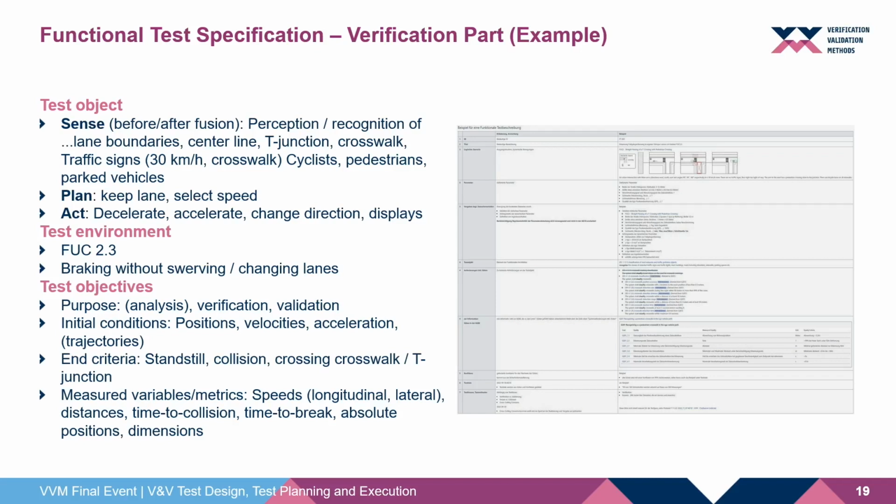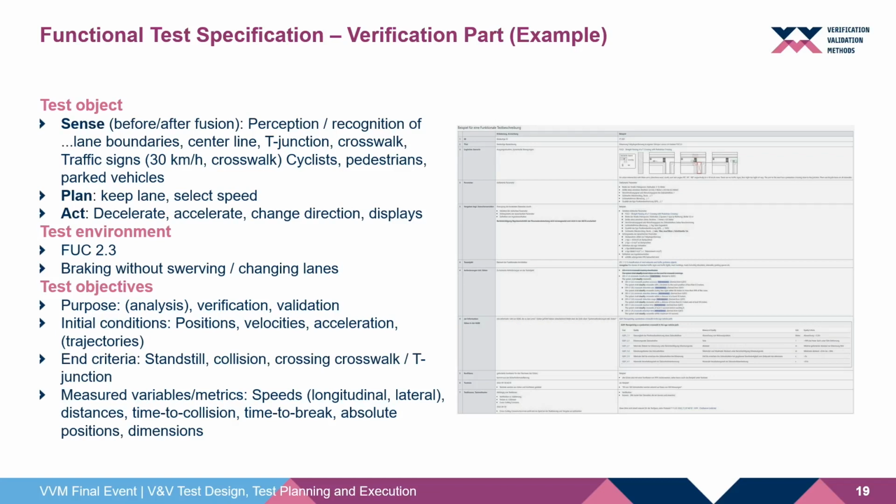It's still not a technical description, it's based on the functions. On the right-hand side, it's just a screenshot of how we managed all these data. I cannot display everything here because it's not readable anymore, but this is, let's say, the character of this kind of test specification.